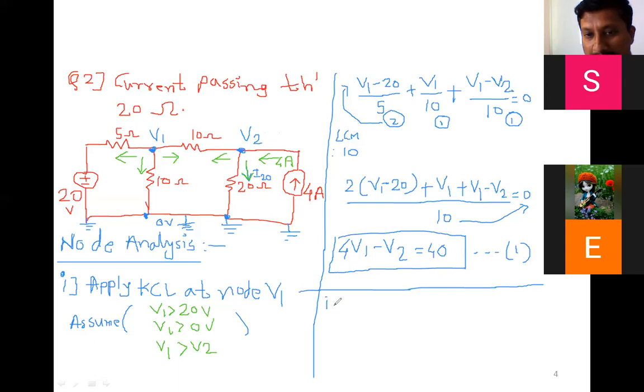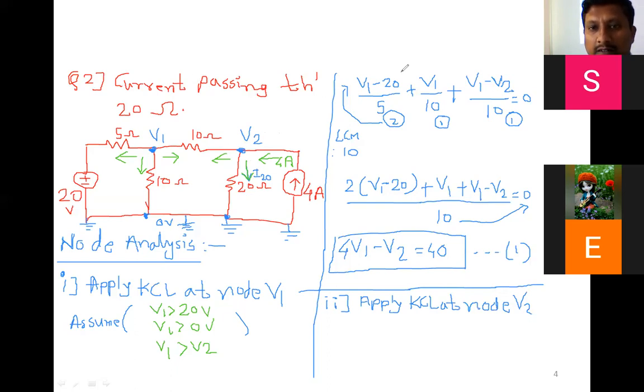So that's why the second step. This is the first step here. Now here, second step. So apply KCL at node V2. So what is the assumption here?